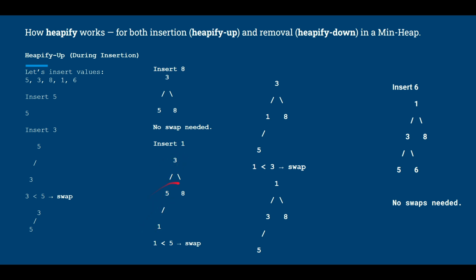So it will check 1 and 5, similarly we'll do the swapping. After the swapping, we'll check 1 and 3, and we'll create it like this. Next we'll insert 6, it will check, no swapping is required, and this is our final min heap.